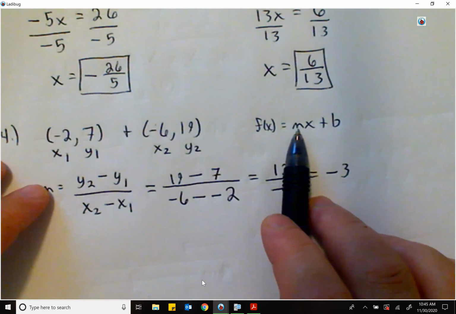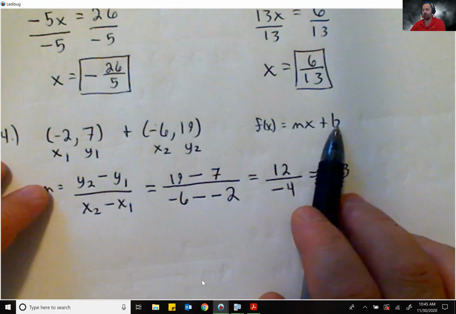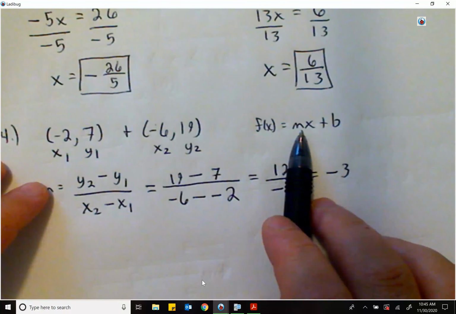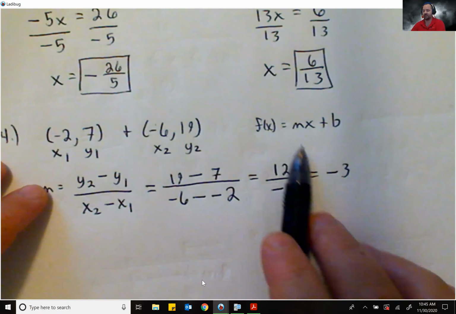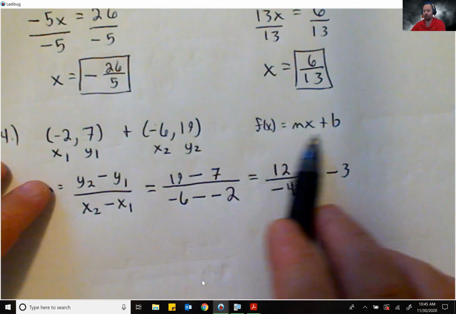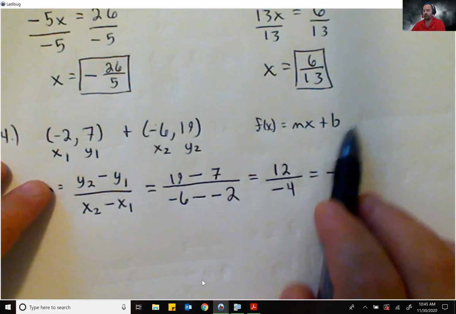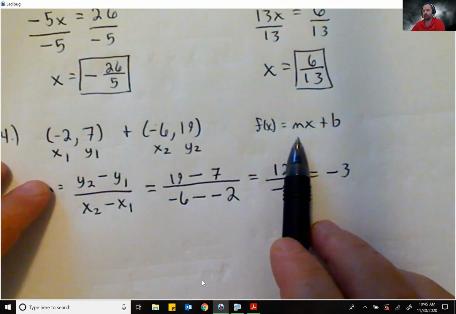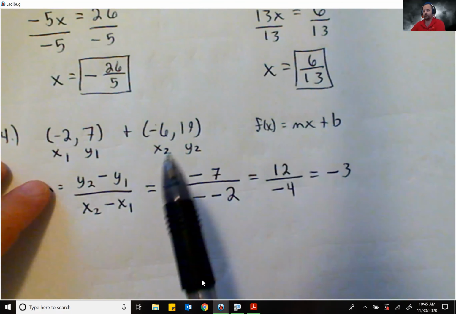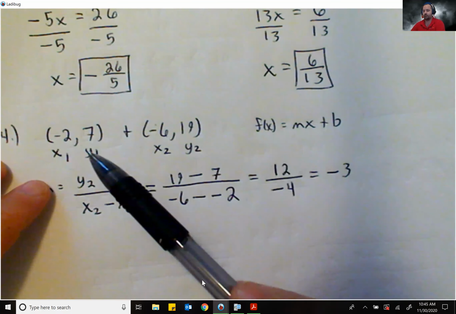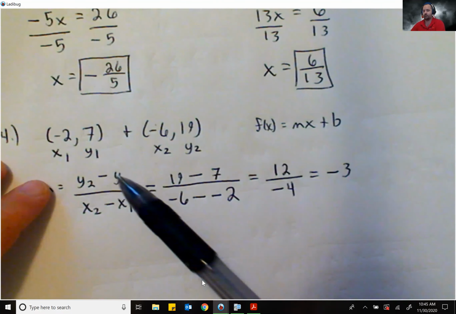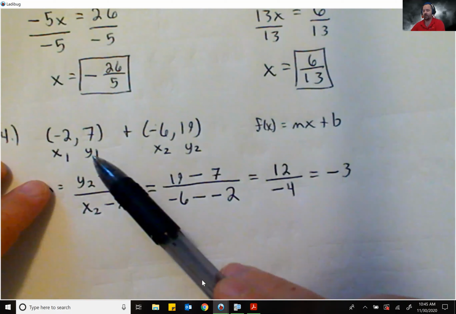We need the b, the y-intercept. You got to figure out the y-intercept. And how are we going to do that? What should we use to help us out? We've got a slope, and we need one other piece of information to help us figure out the y-intercept.